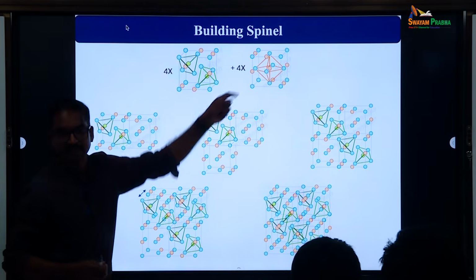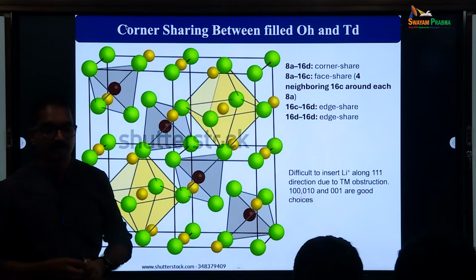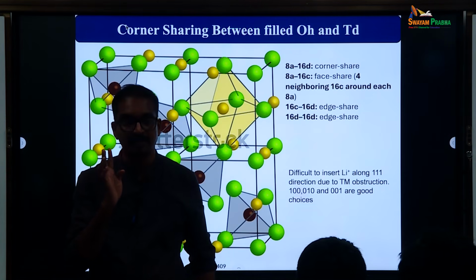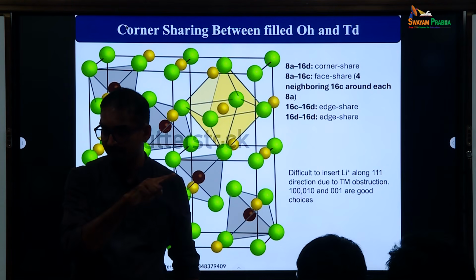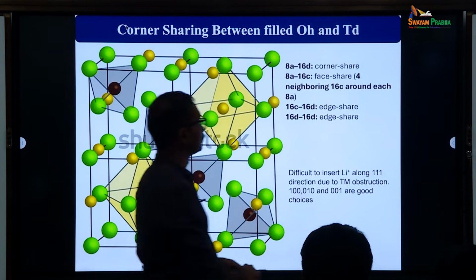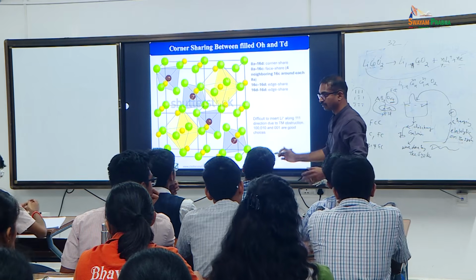Each one is an FCC lattice. How many anions in an FCC lattice? 4. I took totally 8 lattices, so 4 into 8 is 32. So I will have 32 atoms forming a big unit cell.